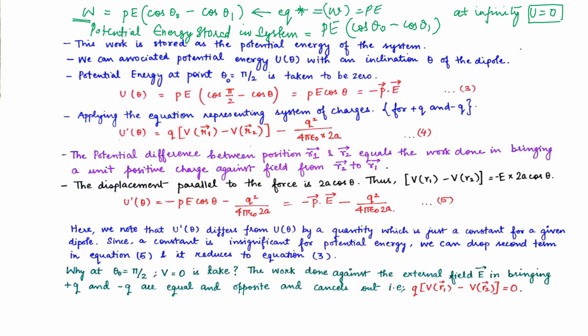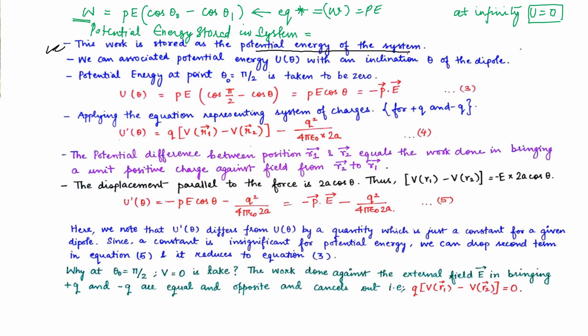Okay. Now, as we have taken our potential to be 0 at infinity, in this system of a dipole we similarly want to take a point in space that gives us potential energy 0. How are we going to define it? Let's go through it. This work is stored as potential energy of this system.